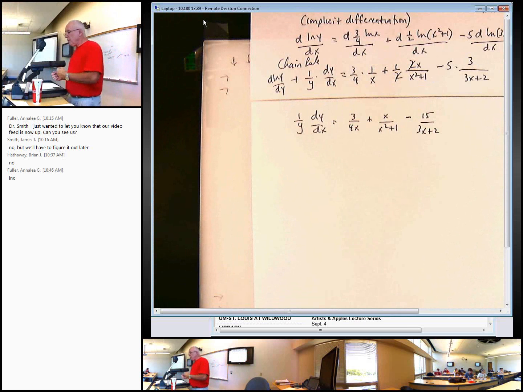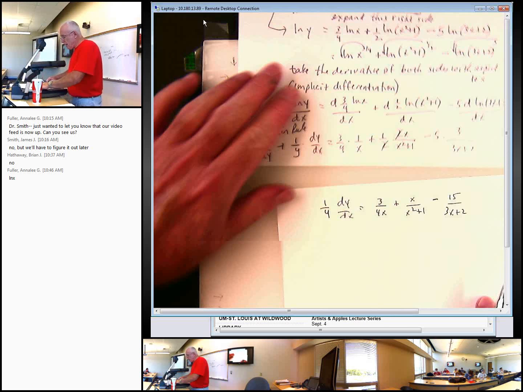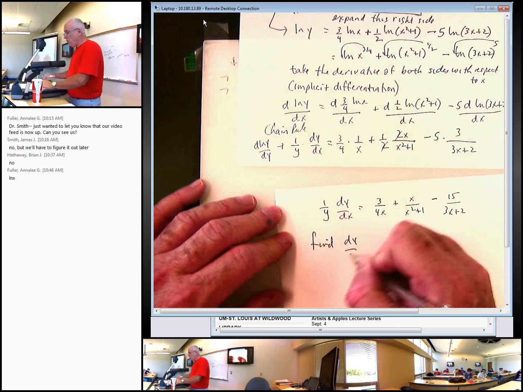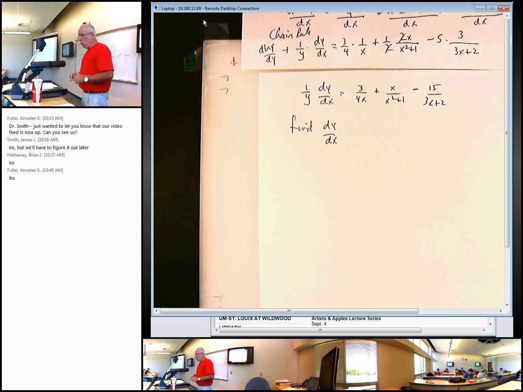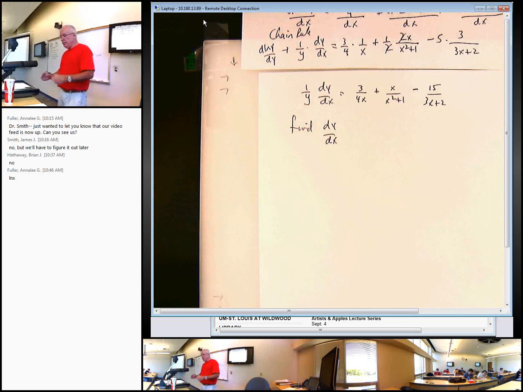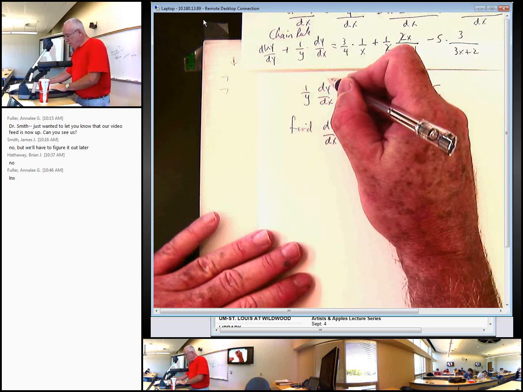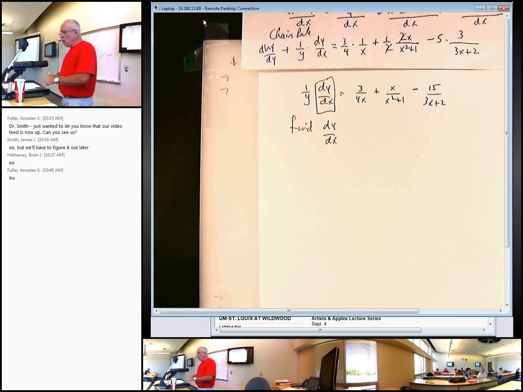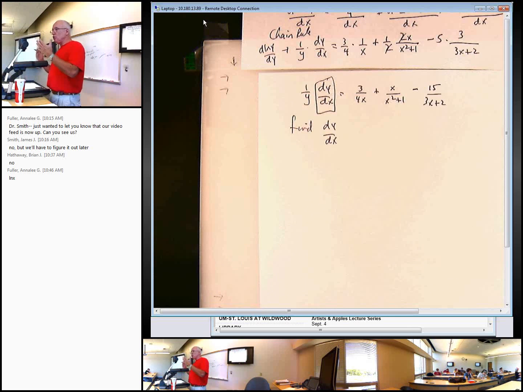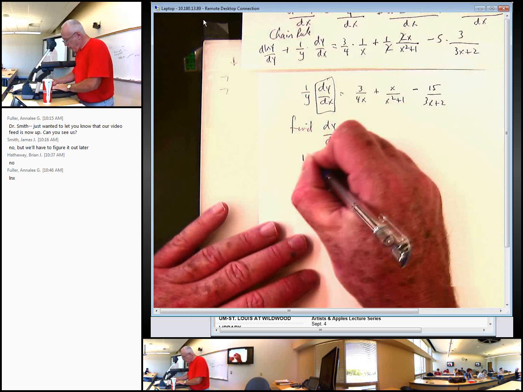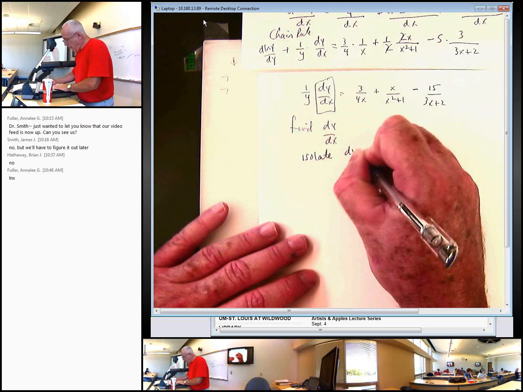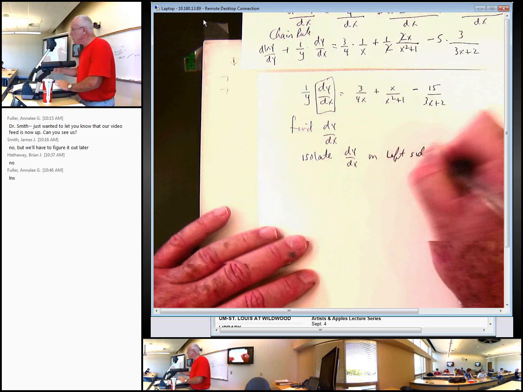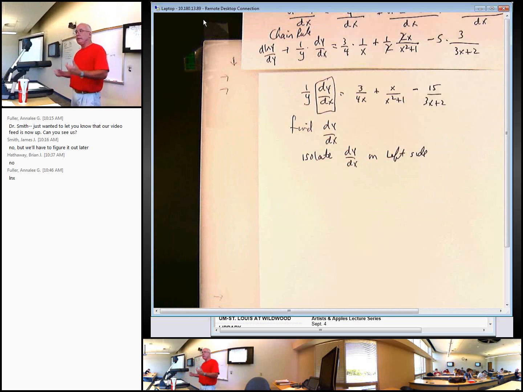Now, what are we asked to find? We're asked to find dy dx. That was what we want to find. Well, notice we were almost there, because in this particular equation, we've got dy dx right there from the chain rule. So to isolate dy dx on the left side, I just multiply both sides by y, and that'll isolate it.